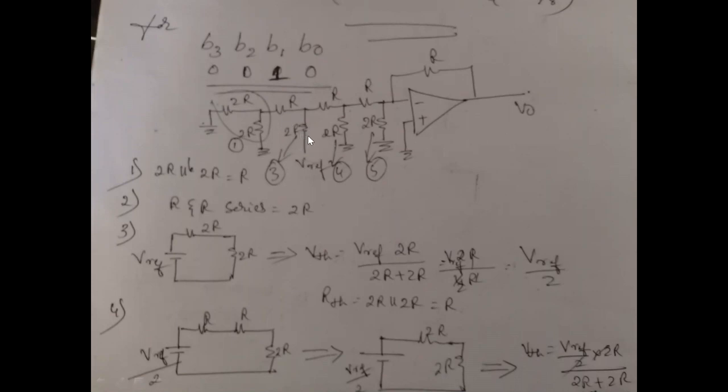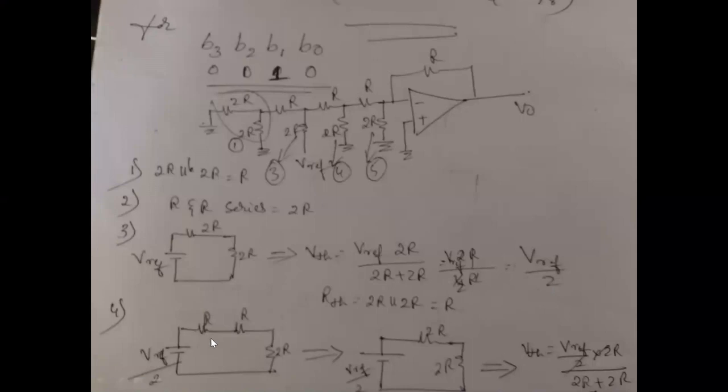Now what do you have? This we have already found. Now R is again in series with this R, so the circuit would look something like this. For the next, fourth circuit, the input voltage is going to be V reference by 2, which you have obtained from this.